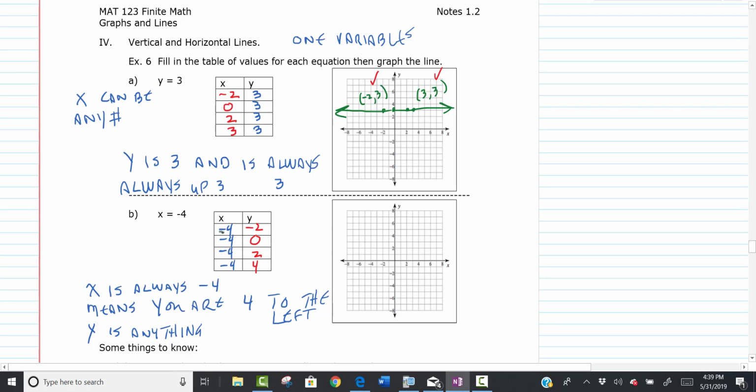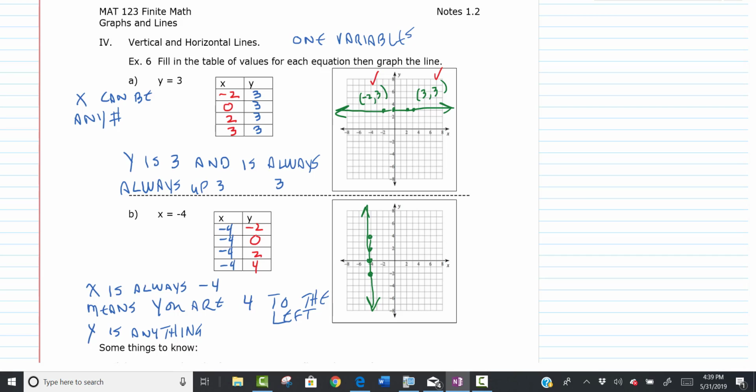If you plot those points, we would have (-4, -2) as your first point, (-4, 0) as your second point, then (-4, 2), then (-4, 4). Notice that you're always 4 units to the left of the y-axis. That means you have a vertical line. That line goes straight up and down like that.